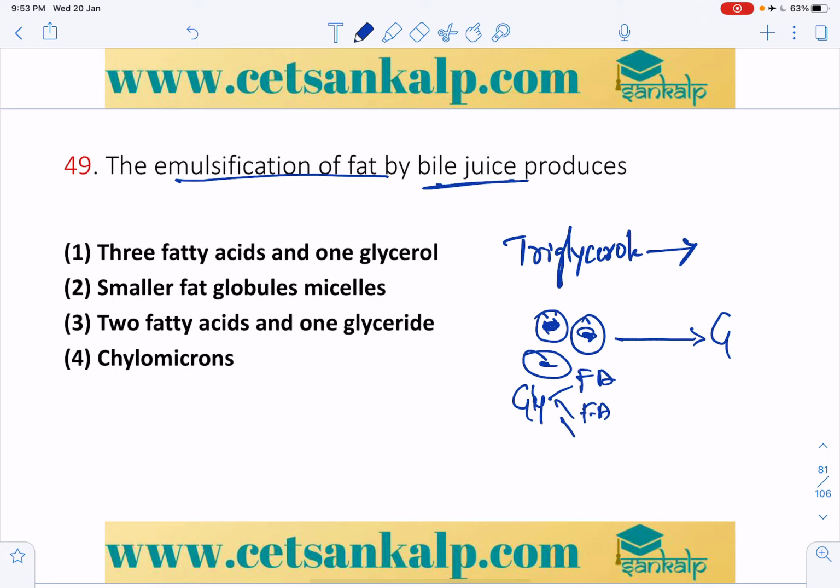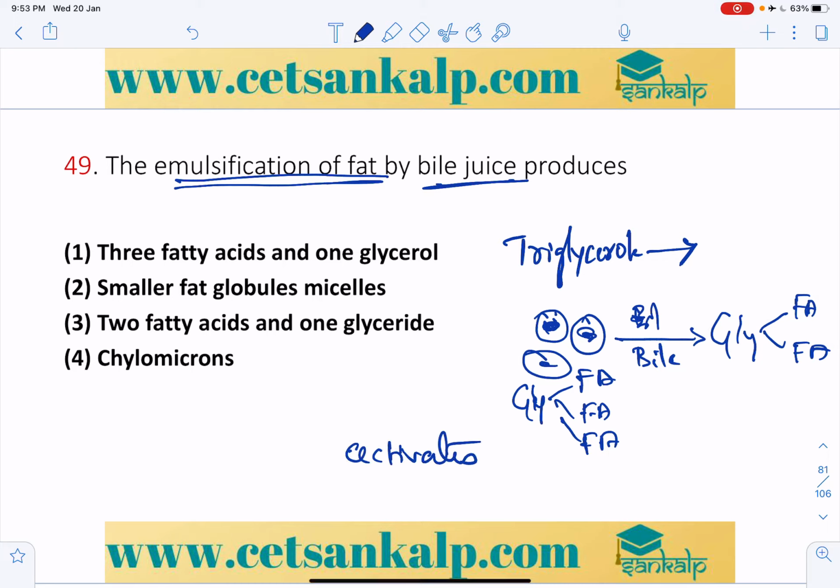When the bile salts help in the emulsification, before the activated form of lipase acts next, glycerol and 2 fatty acids are produced by the process of emulsification of fat by bile juice. Bile juice also activates lipase.